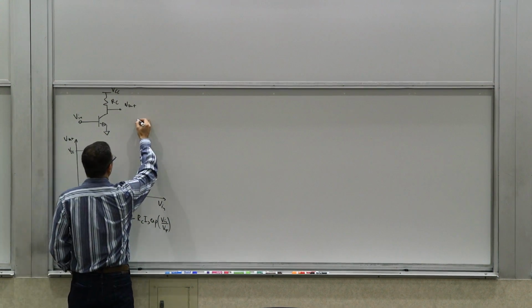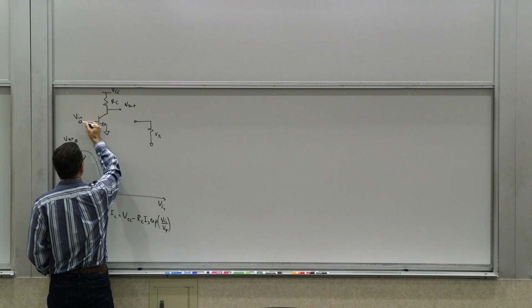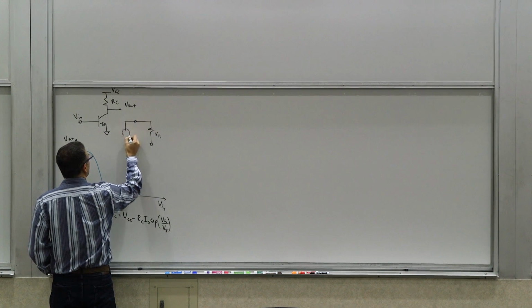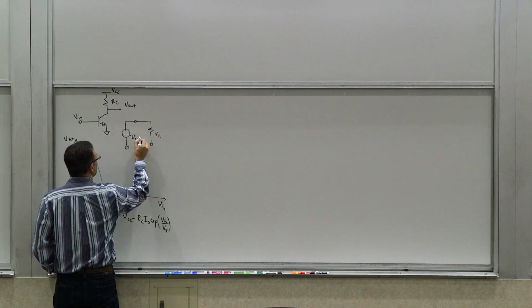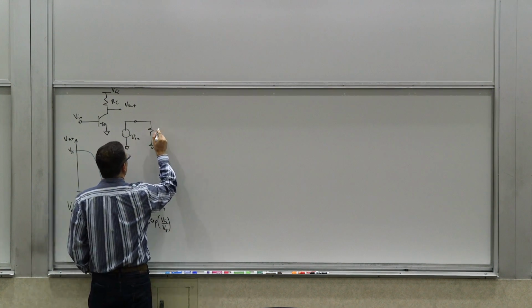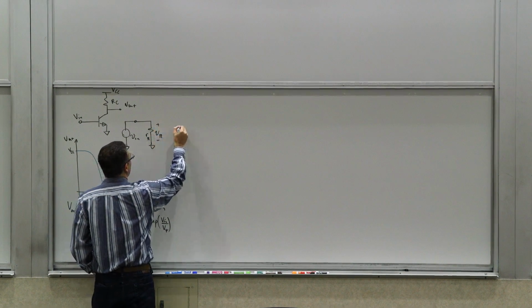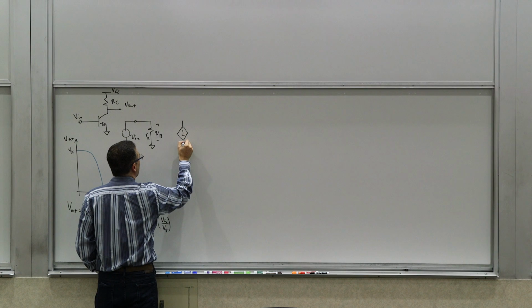But when we did this, so this is from last time, we had the r pi here. And here, of course, the DC part of this, the bias part, will disappear. You are only left with the lowercase vin, which is the AC part of it, the perturbation on top of that. So you have an r pi here, which produces a v pi. And then we had the basic pi model.